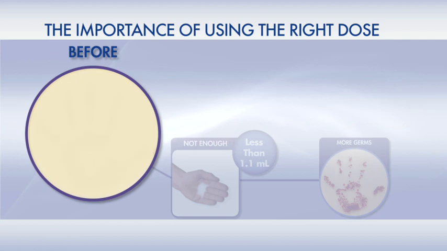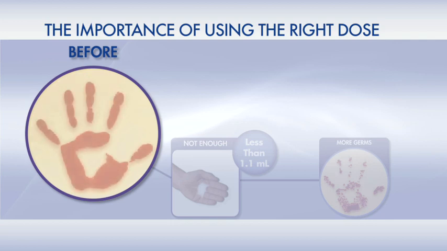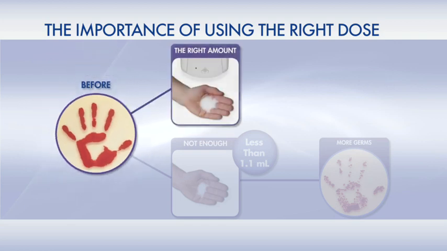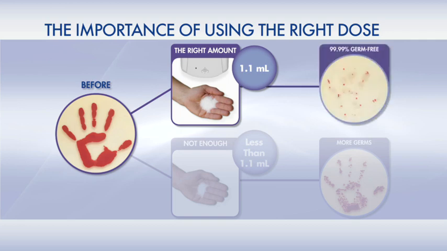In this next example, the laboratory worker contaminated his hands again with Serratia, using the same technique, and placed his hands on the petri dish. As you can see, the agar is heavily contaminated with Serratia, much like in the last example. He then used a 1.1 ml pump of PURELL Advanced, which is the right dose that meets healthcare personnel hand wash requirements. After using the correct amount of product and correct technique, you can see that very few colonies of Serratia remain.